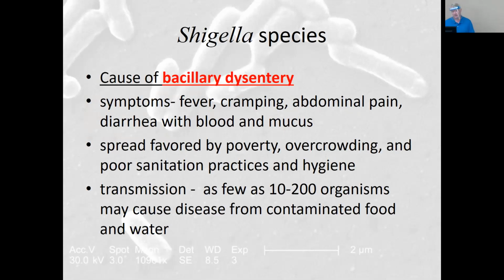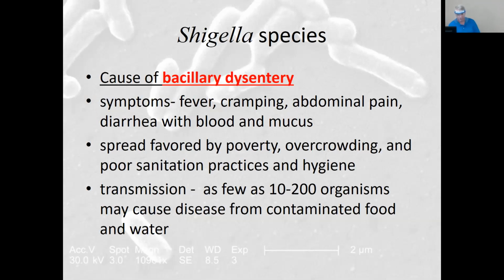We associate Shigella with dysentery, fever, cramping, abdominal pains, diarrhea with blood and mucus. Kind of sounds like our E. coli O157. Spread is favored by poverty, overcrowding, and poor sanitation and hygiene. Transmission: as few as 10 to 200 organisms may cause disease from contaminated food and water.